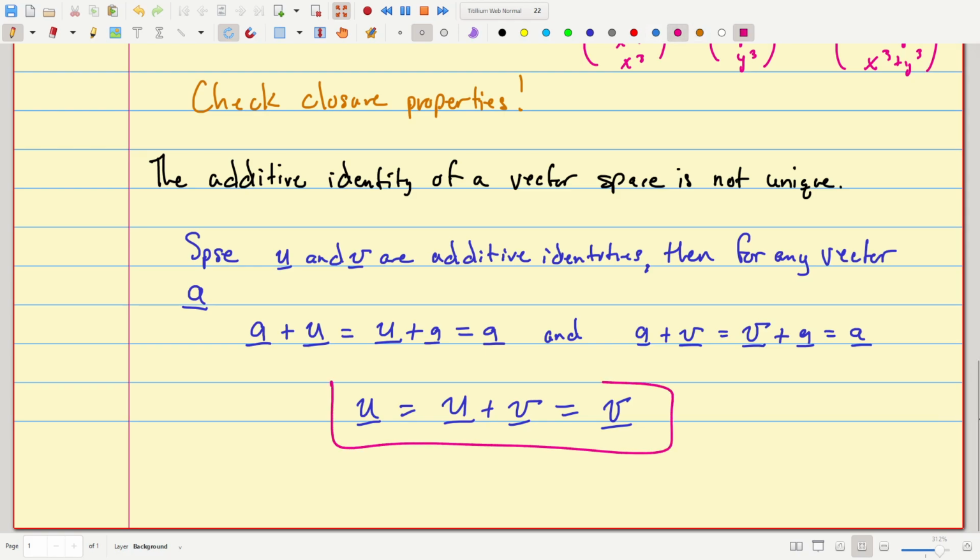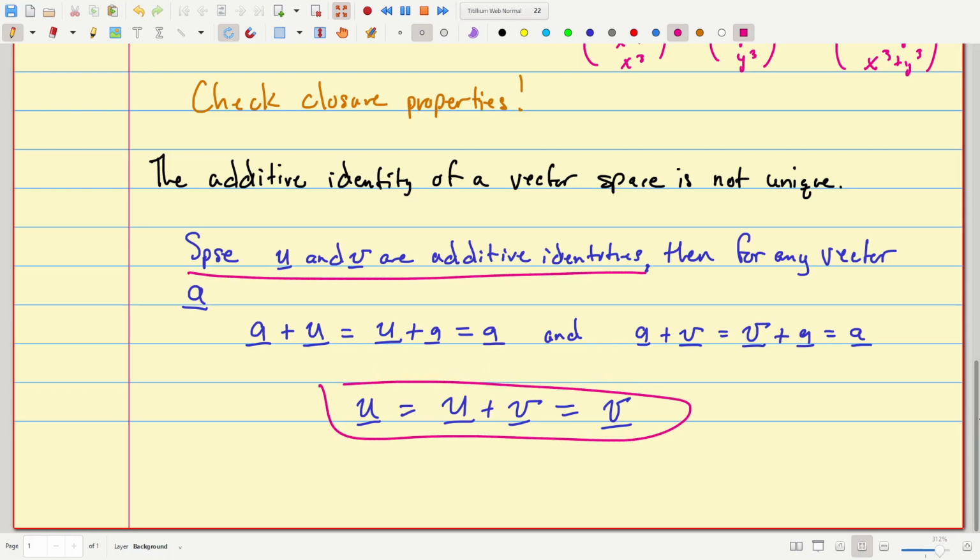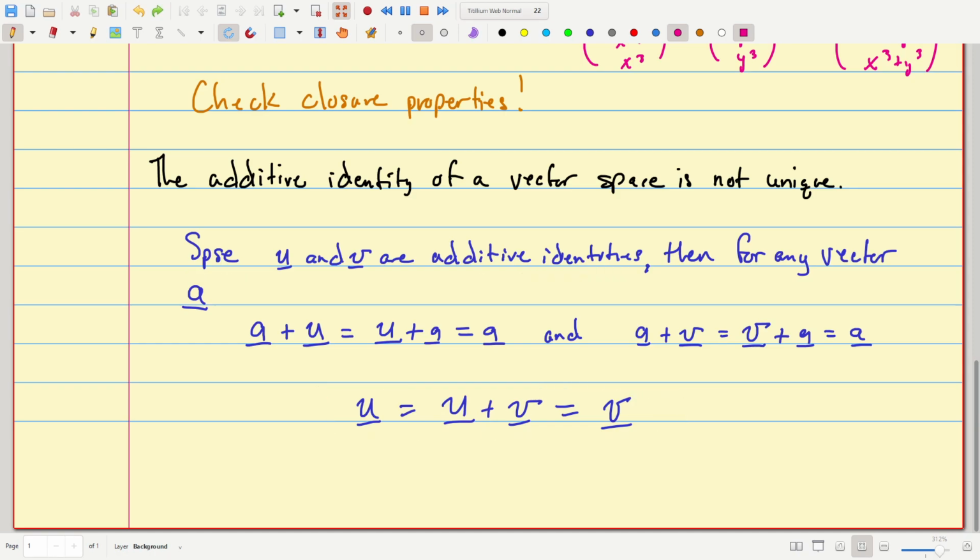In some classes, all you would need to write is actually that little equation there, and you'd be given full credit for the proof, telling people what U and V are. The reason that this works is because A is allowed to be any vector, right?